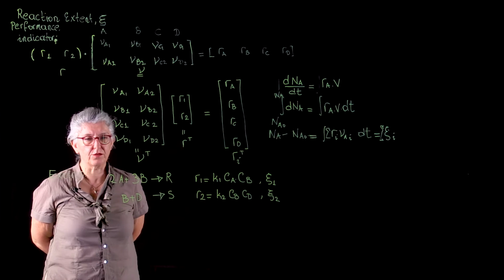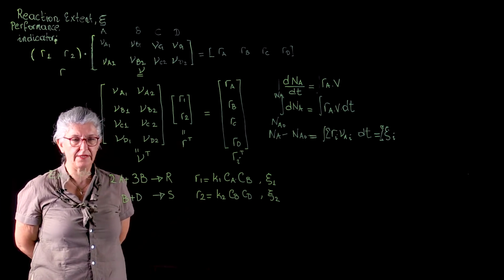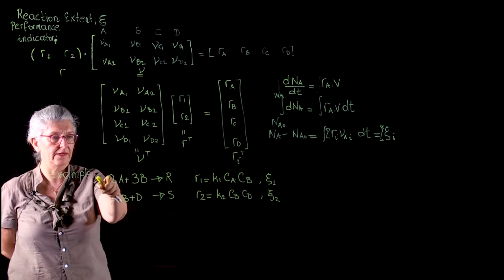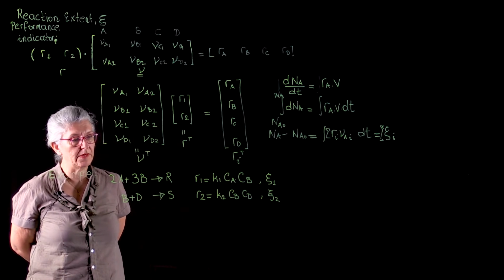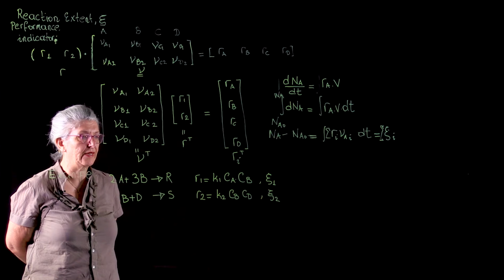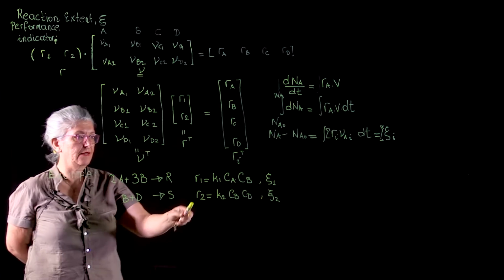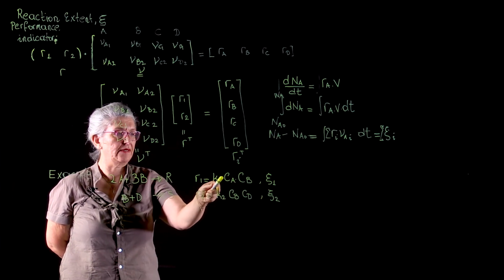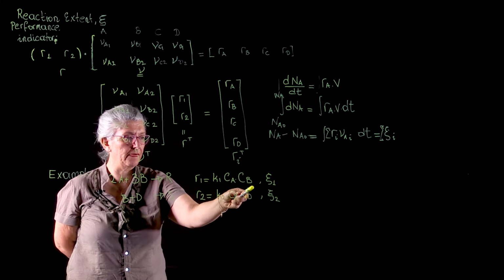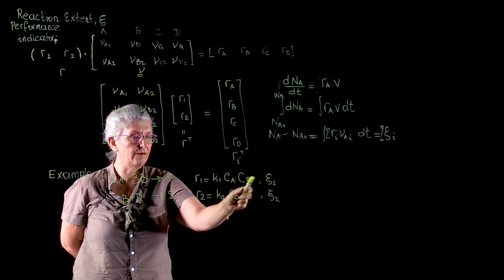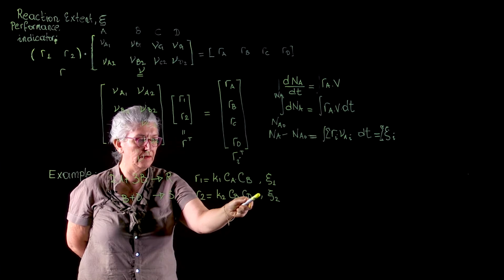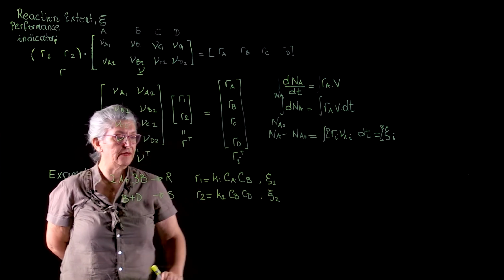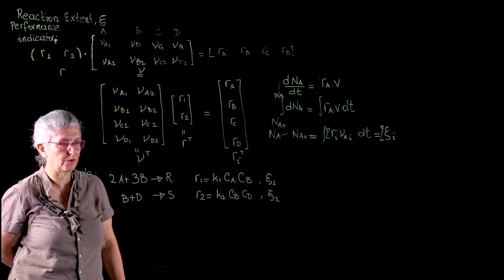Let us discuss these concepts with an example of a complex reaction network, 2A plus 3B going to R, B plus D going to S. R1 is given as K1 Ca times Cb, and it is represented by Xi1, and R2 is K2 Cb Cd, and it is represented by Xi2.